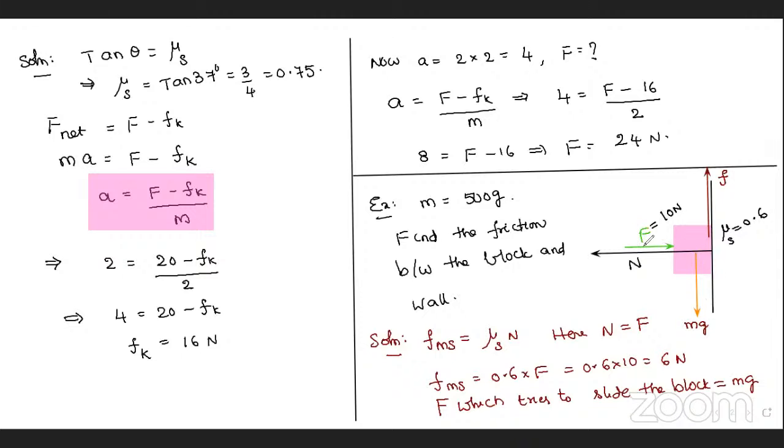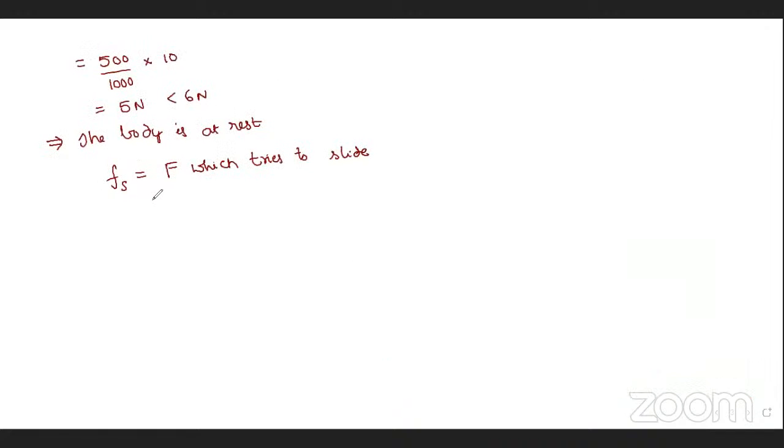Is it 5 or the applied force 10? Which it tries to slide, not to press. Which it tries to slide is 5. That's why the answer is 5 newtons, don't say 10. Now you understood this model, Nana? Okay, good.